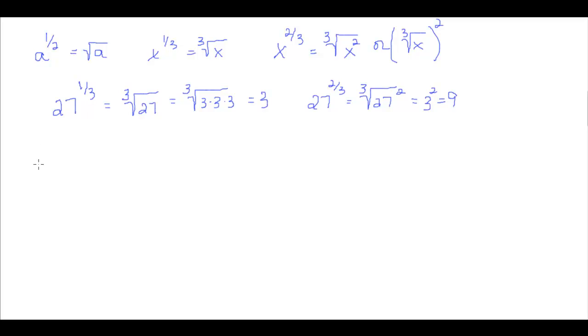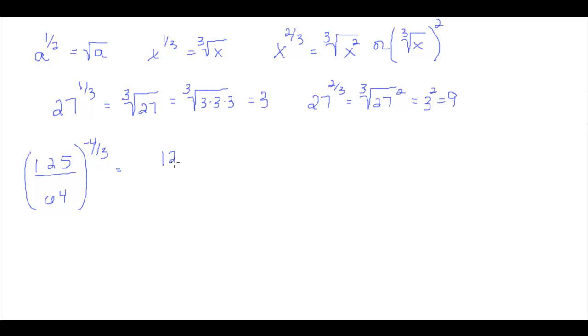All right, so let's take, how about 125 over 64, and we'll take this to the negative 4/3 power. What does that mean? I would approach this the same way I would have approached any other problem involving exponents that we've looked at.